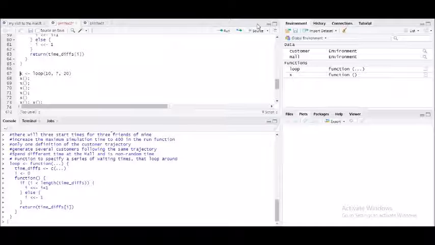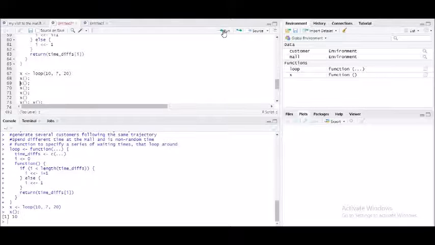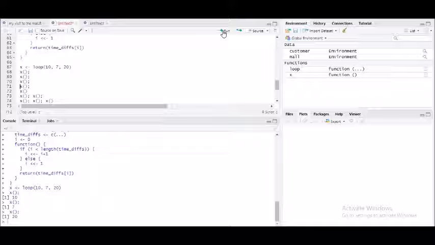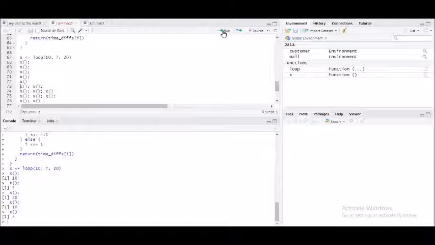If I want exactly 1, it would be 20. So can you understand how the sequence is going, and how the entire time is being calculated and taken care of by the server when we are visiting the mall, and one after the other the customers are coming in? This is the basic thing you need to understand.